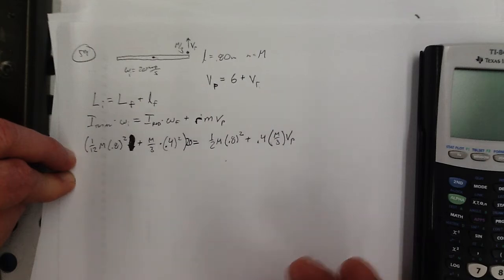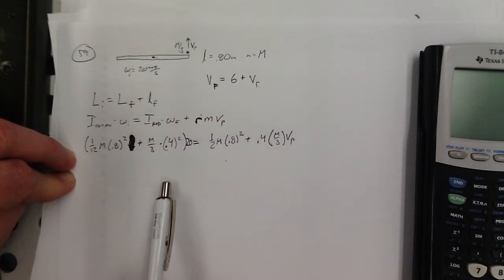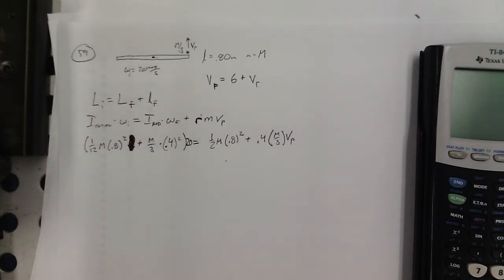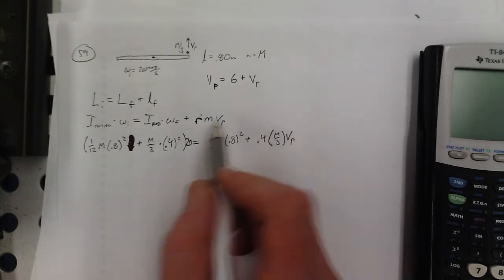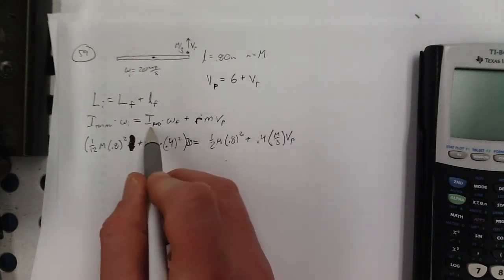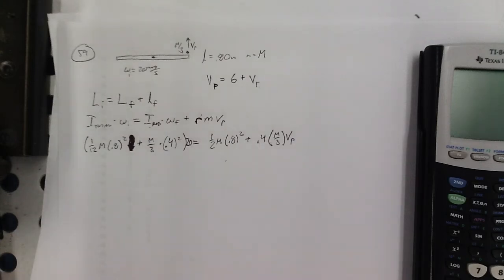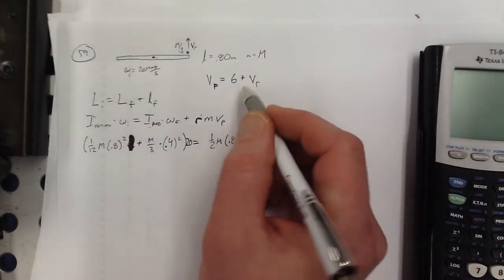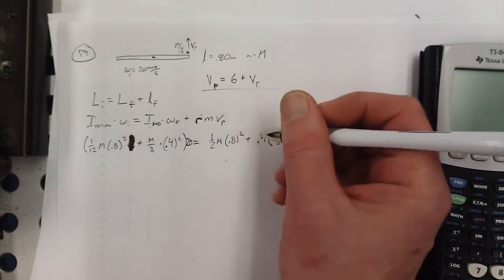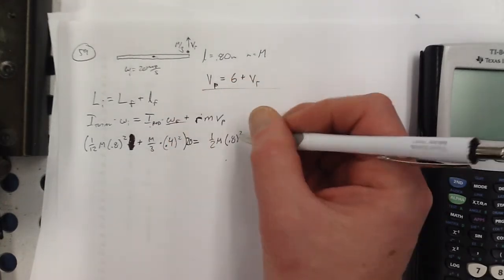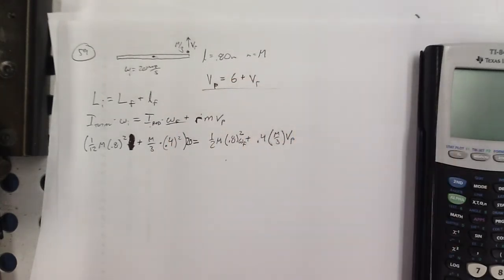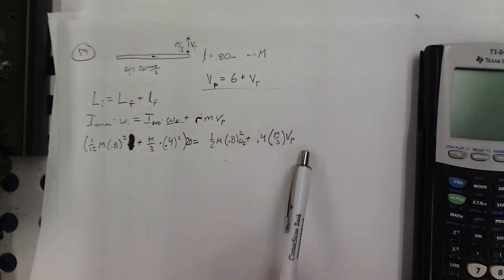Actually, wait, I feel suspicious. Oh, wait a minute, hold on. Oh, I know what I did wrong. I was wondering why I wasn't going to need to use that, and that's clearly wrong. So it's this, I just left that out completely. Omega final, that's the problem. Okay, so I have two variables.